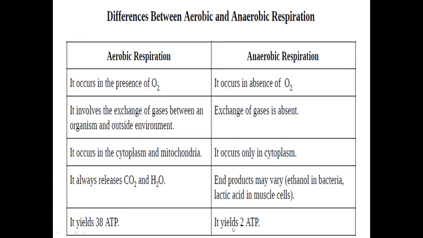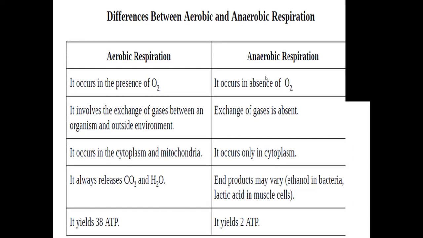But as a result of anaerobic respiration, we get only 2 ATP, 2 energy molecules. So these are the important differences between aerobic and anaerobic respiration. This is a very important question from the examination point of view, children. Please try to understand this, do write and practice this.